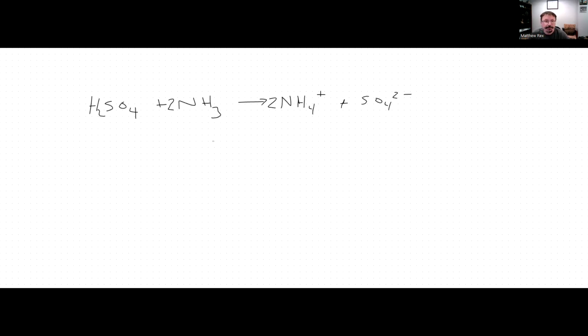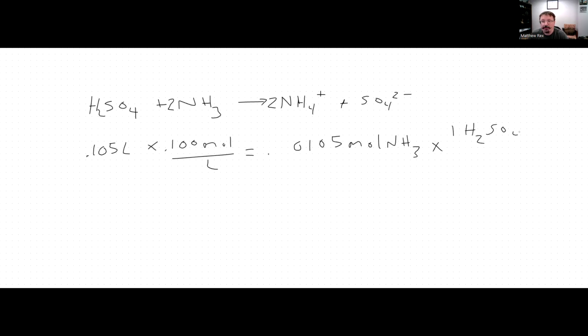So we can take a volume of our base, 0.105 liters, 105 milliliters, multiplied by its molarity. And we can see that we have 0.0105 moles of NH3. But what we need is not that same number of moles of sulfuric acid, but half as many based on that stoichiometric ratio.